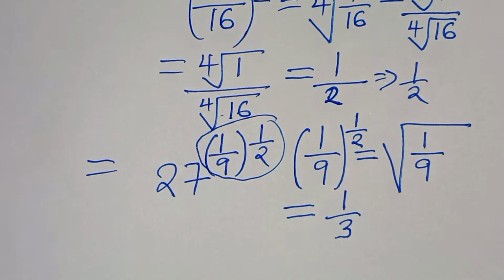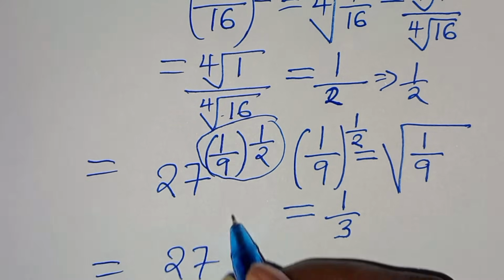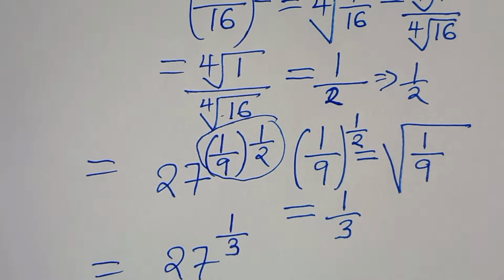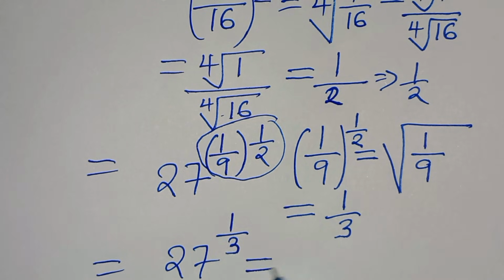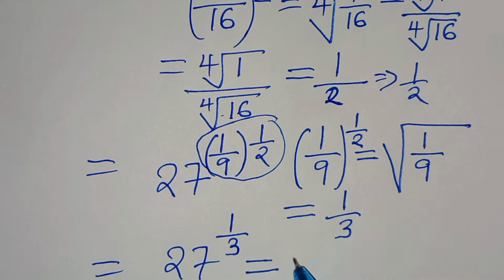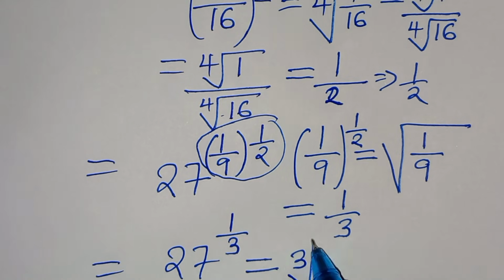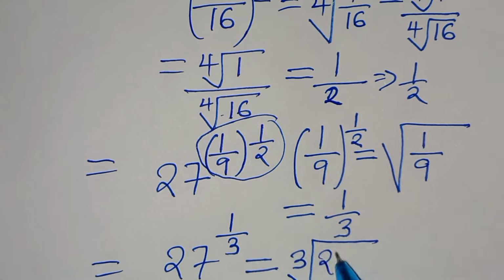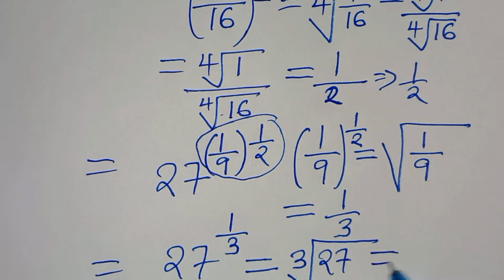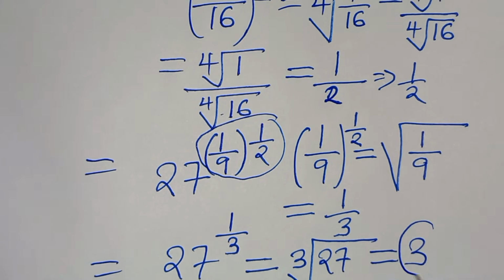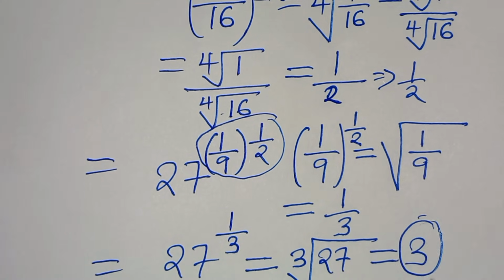So essentially here we have 27 raised to the power of 1 over 3. And this means we get the cube root of 27, which is equal to 3.